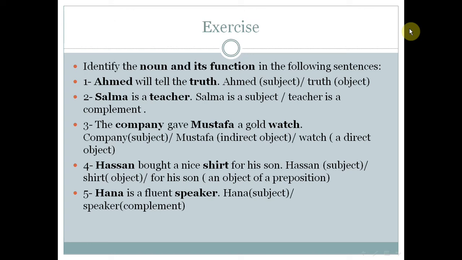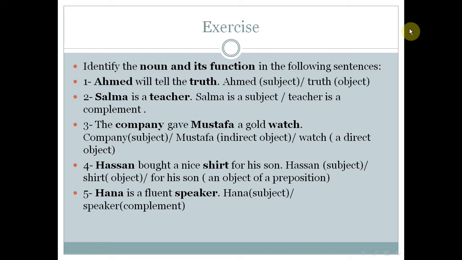Watch is a direct object. So the verb gave is a transitive verb. It can have two objects. Something that is given is a direct object. Somebody that is given something is an indirect object.